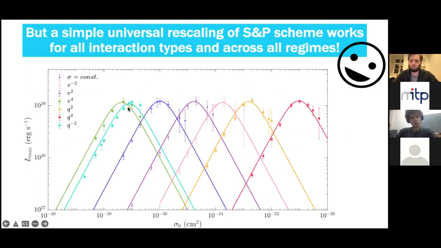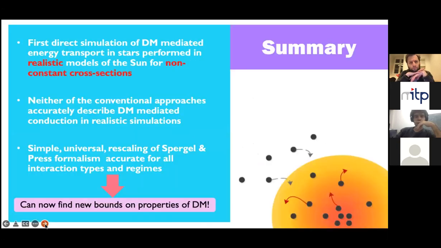And just to hammer that really home, what I'm plotting here is the peak luminosity for a variety of different interaction strengths for every different regime that we considered. And you can see that the predictions from our new scheme, shown by the solid lines, describe the Monte Carlo data surprisingly well. So I think I'm probably running out of time.